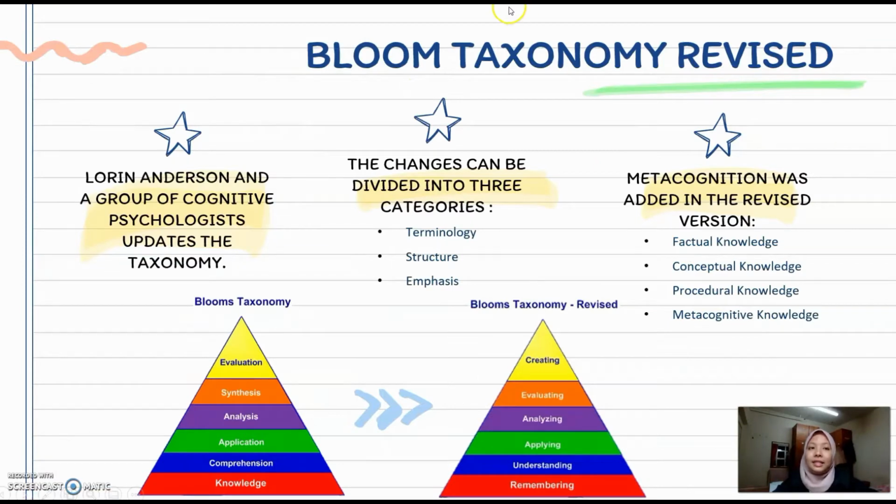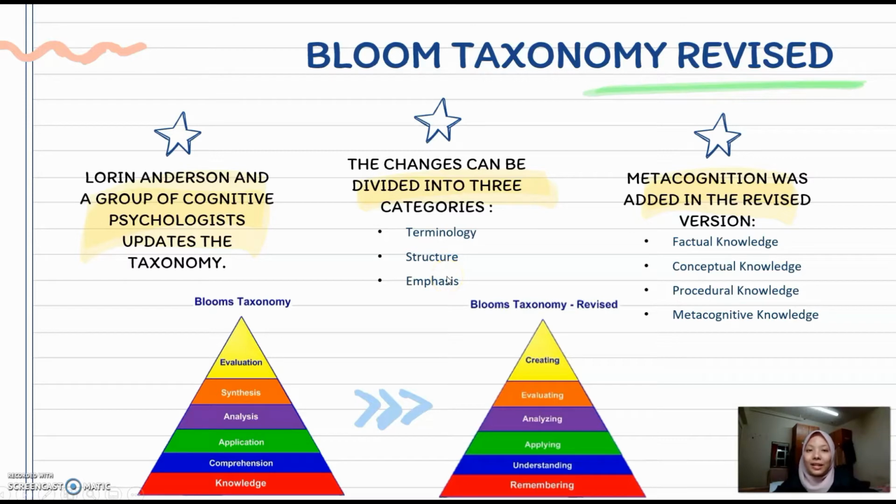In 1990, Bloom's taxonomy was revised. Lorin Anderson and a group of cognitive psychologists updated this taxonomy, making some changes in the terminology, structure, and emphasis.